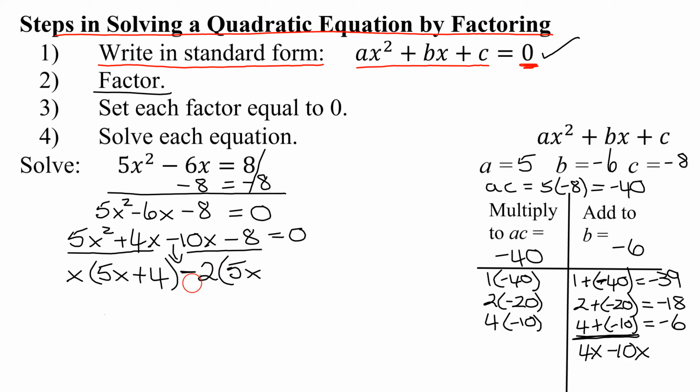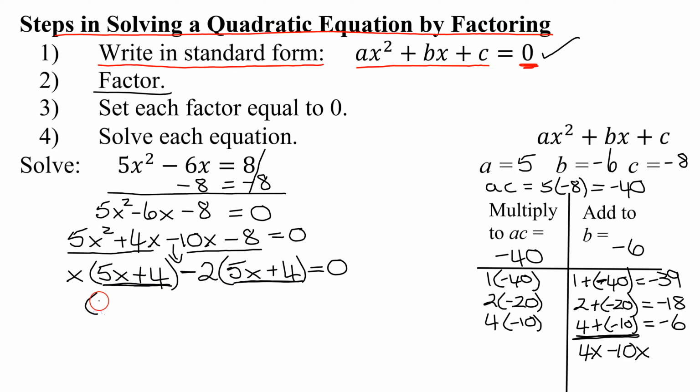And pulling a negative 2 out of a negative 8, well, negative 8 divided by negative 2 is positive 4. This is the one here students mess up on the most, so quickly mentally distribute in the negative 2. Negative 2 times 5x is negative 10x. Negative 2 times 4 is negative 8. You got it right.